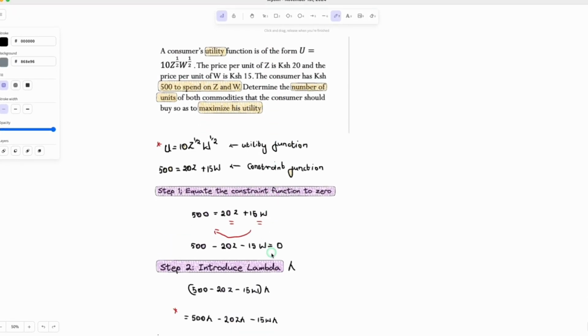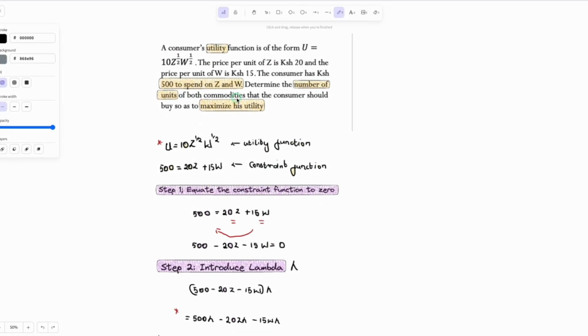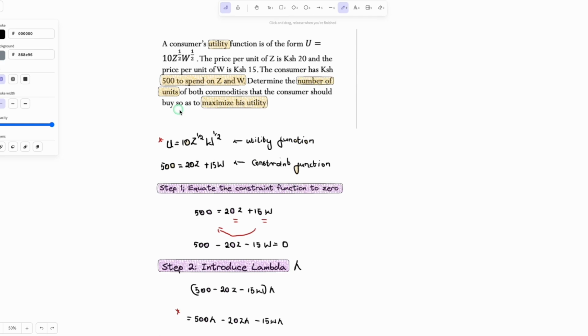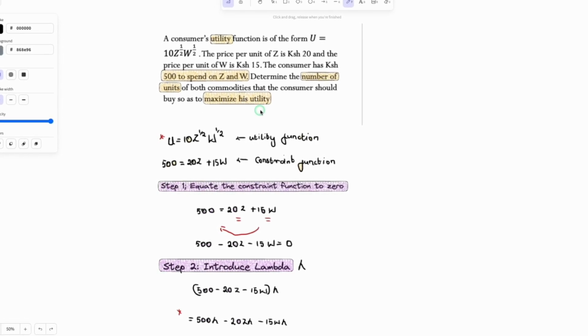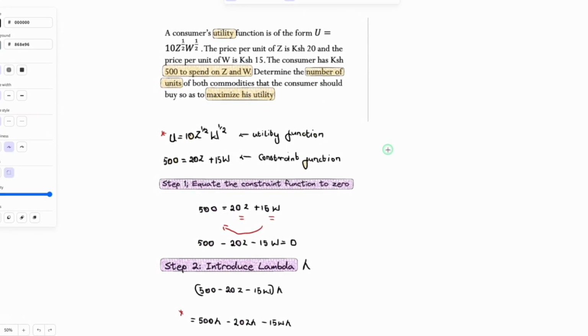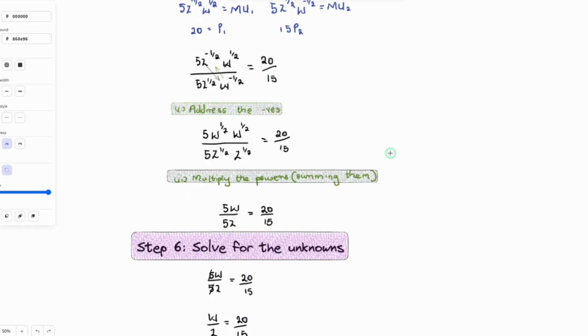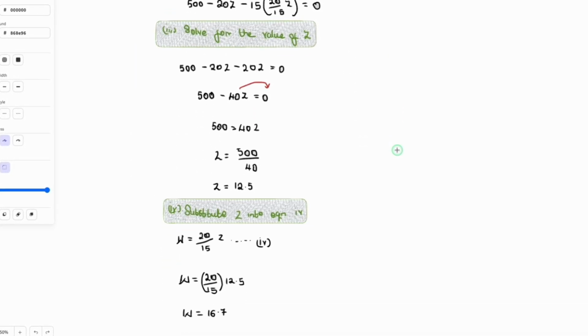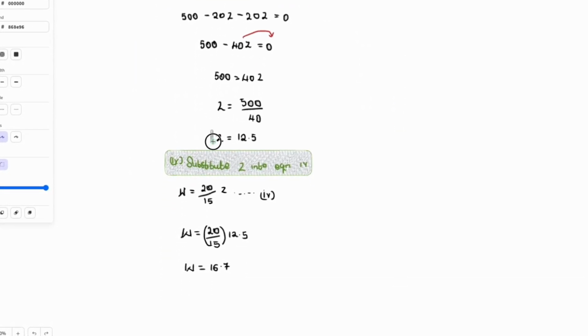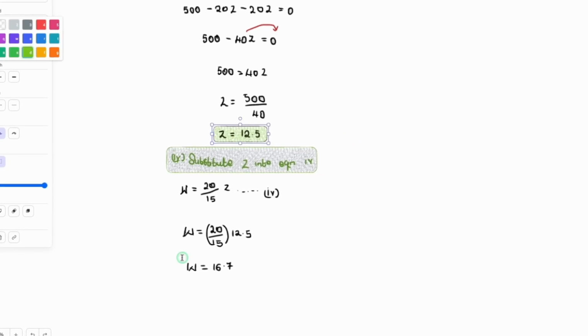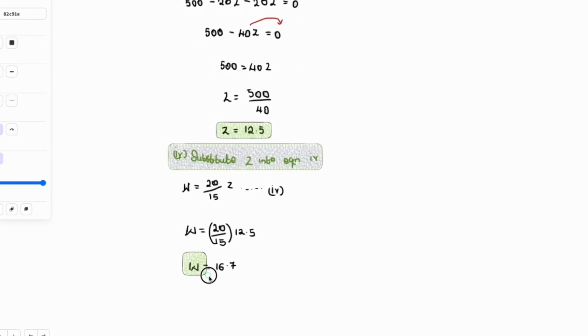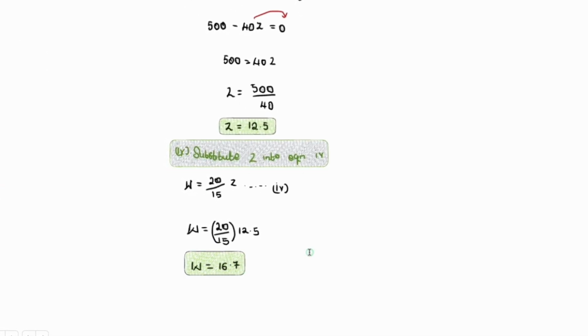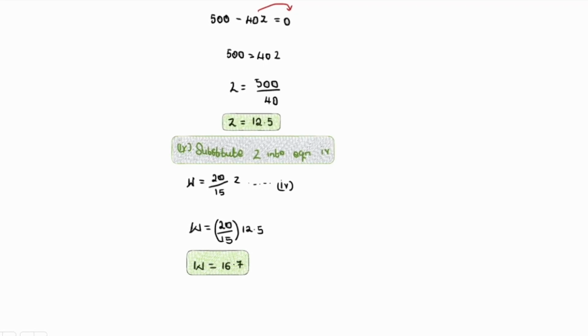It was asking us to determine the number of units of both commodities that the consumer should buy so as to maximize its utility. So our final solution tells us that the consumer should purchase 12.5 units of Z as well as 16.7 units of W in order to maximize his utility.